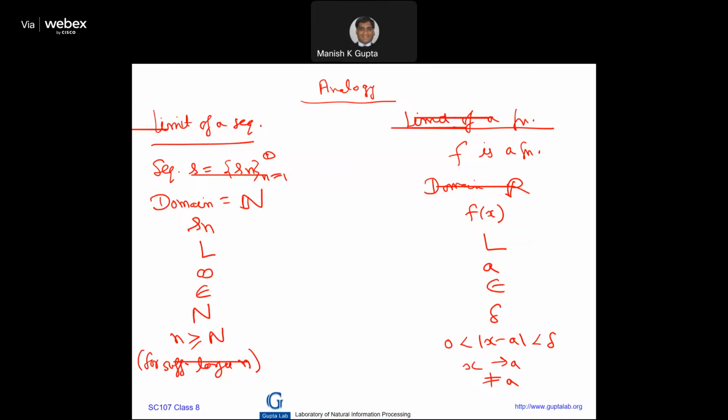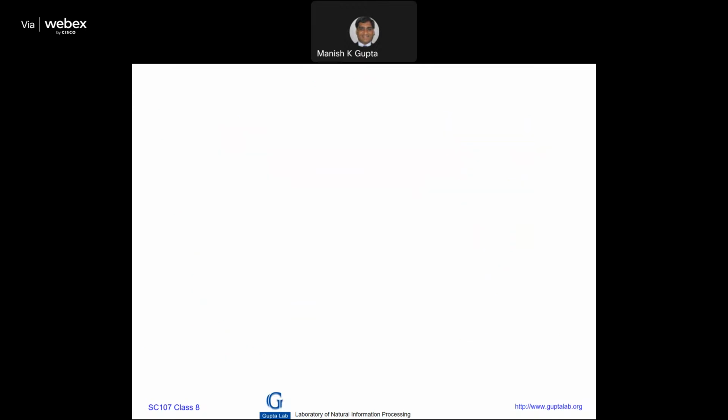Now we can give you the definition of a continuous function. So we say that function f is continuous. These are all shorthands I use, CONT double dot S, continuous.